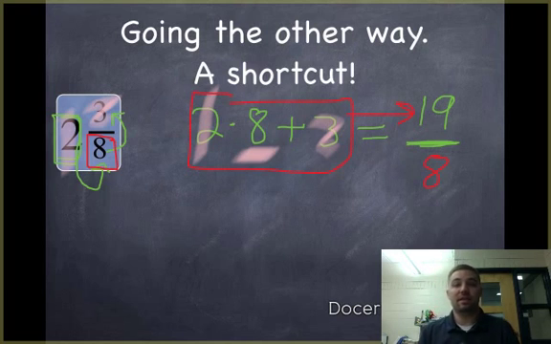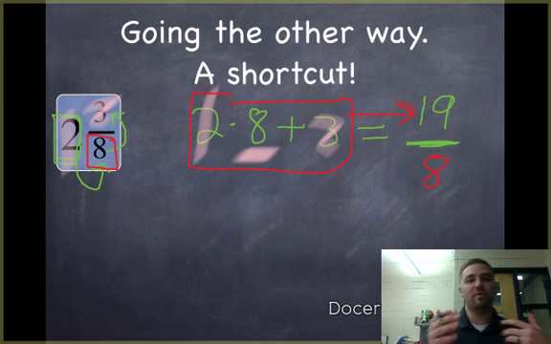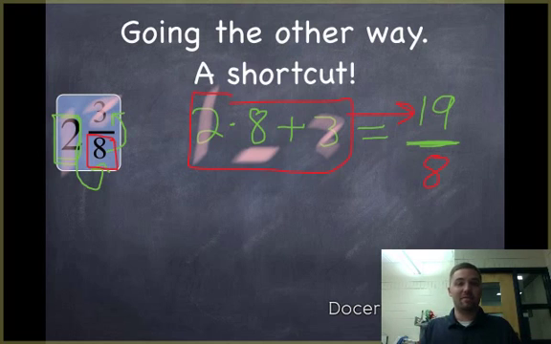What's my denominator? It doesn't change. It stays the same. It's always 8. So when you're going from a mixed number to an improper fraction, you always have the same denominator. You don't have to worry about the denominator at all. It's really all about figuring out what the numerator is. Take the whole number times the bottom number plus the top number.